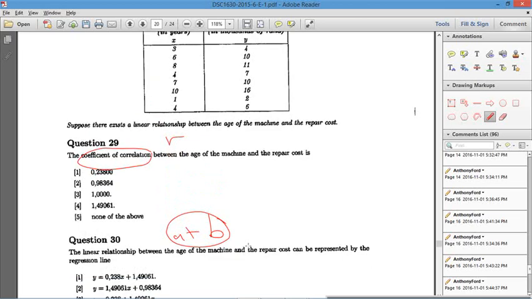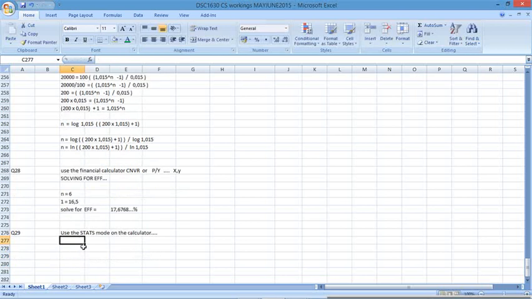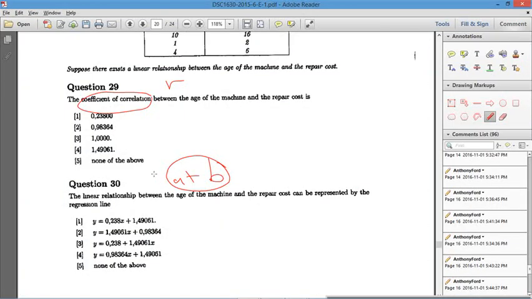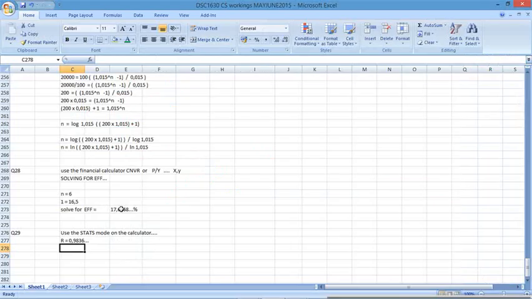So for questions 29 and 30, use the stats mode on the calculator, normal or scientific or financial. Those calculators should have a stats mode. Your R comes out to 0.9836, option 2.